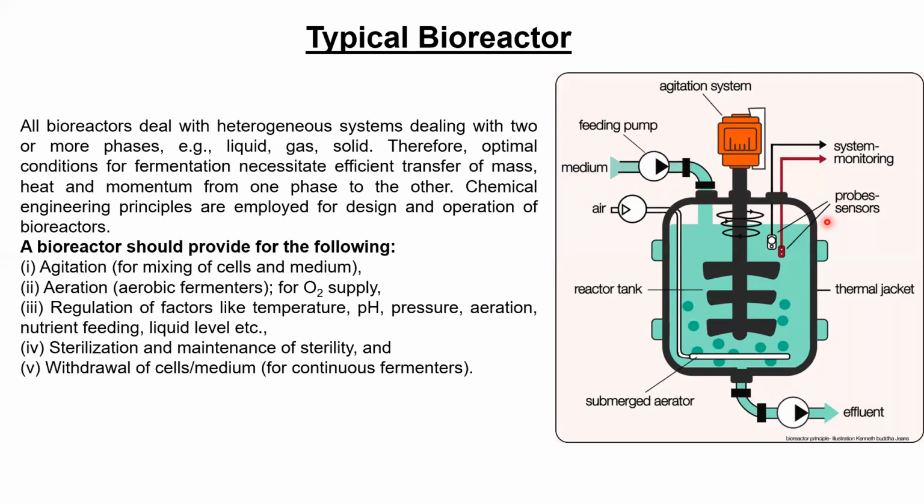All these things, so that we can carefully regulate all these processes and provide the best possible conditions for the growth and division of these cells. These are some very important parts of the typical fermenter or bioreactor.